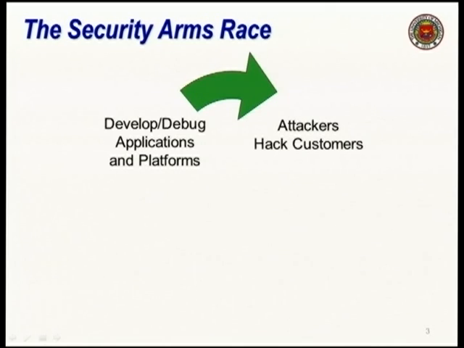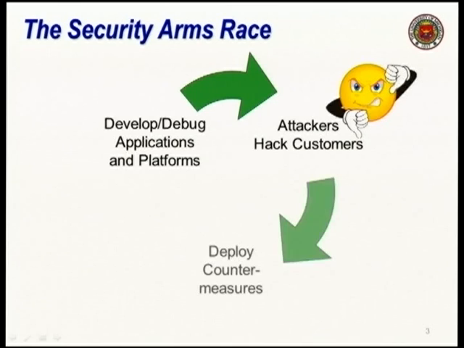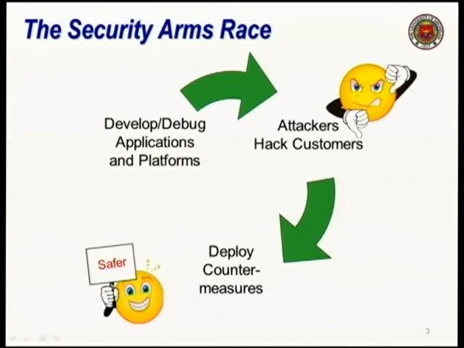We'll talk a little bit about what they do when they hack your machine. Customers get upset. They go back to the vendors that supply them with the software, the developers, and they say, okay, well, we'll fix that. We'll do countermeasures. We'll fix your software. We'll add facilities to find bugs, etc. And the system's safer, and then you go back into this cycle again.